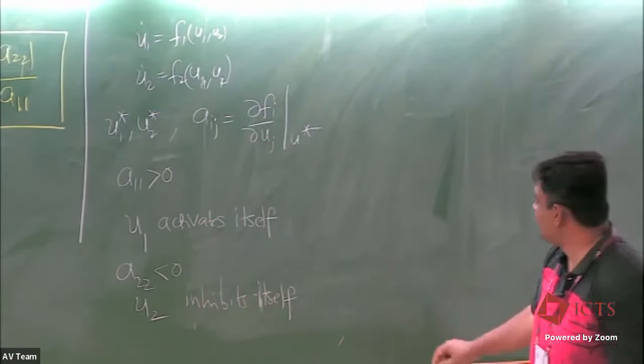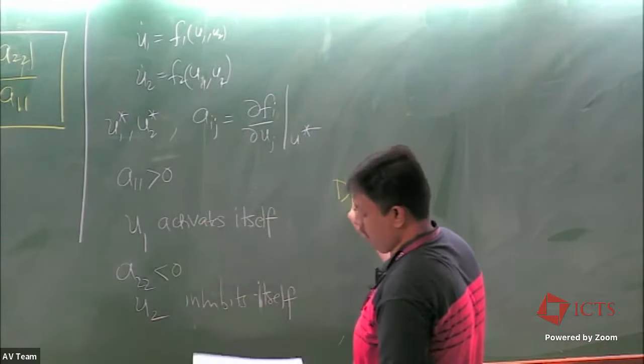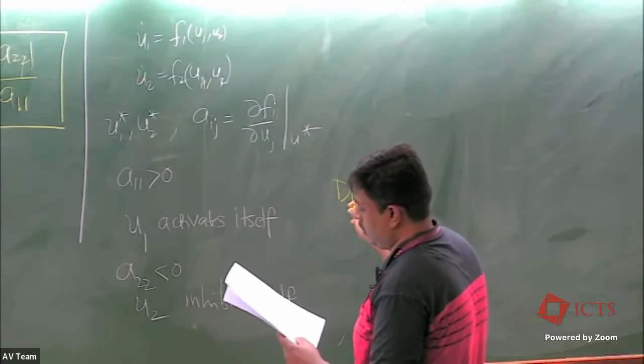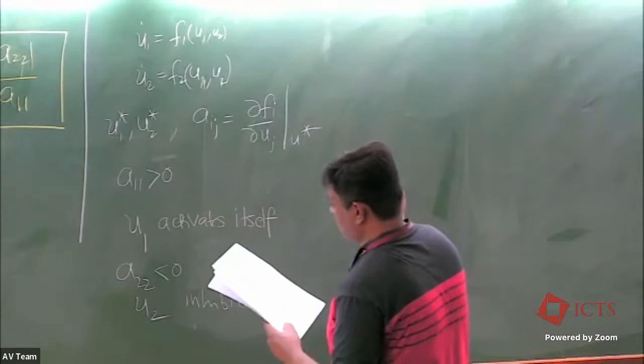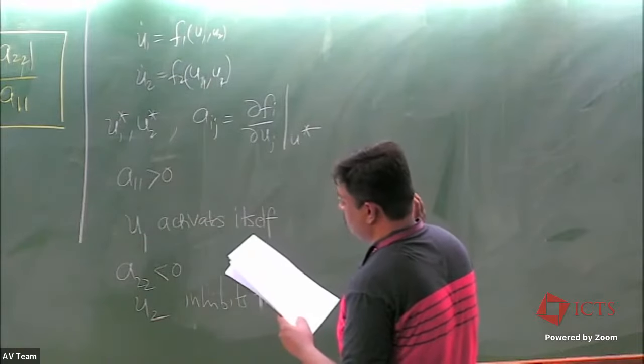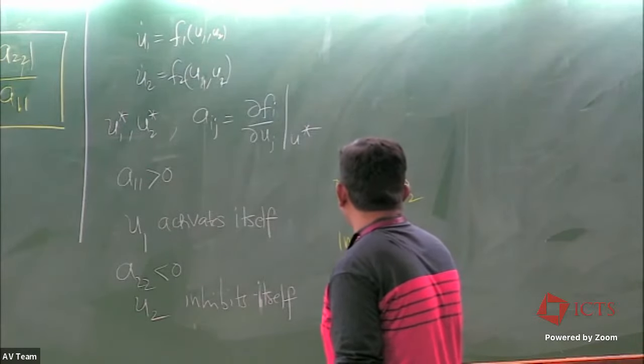So this criteria is saying that if in addition D1 is less than, I always screw up this. Yeah, D1 is less than D2, then you have a pattern forming instability.